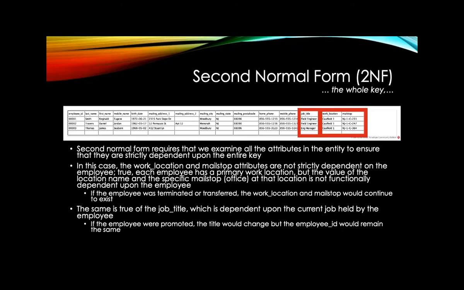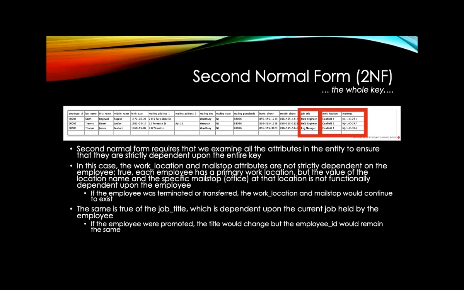We get some clues looking at the data here. And the clue is that these job title values repeat over multiple rows inside of the data set. So does my work location.